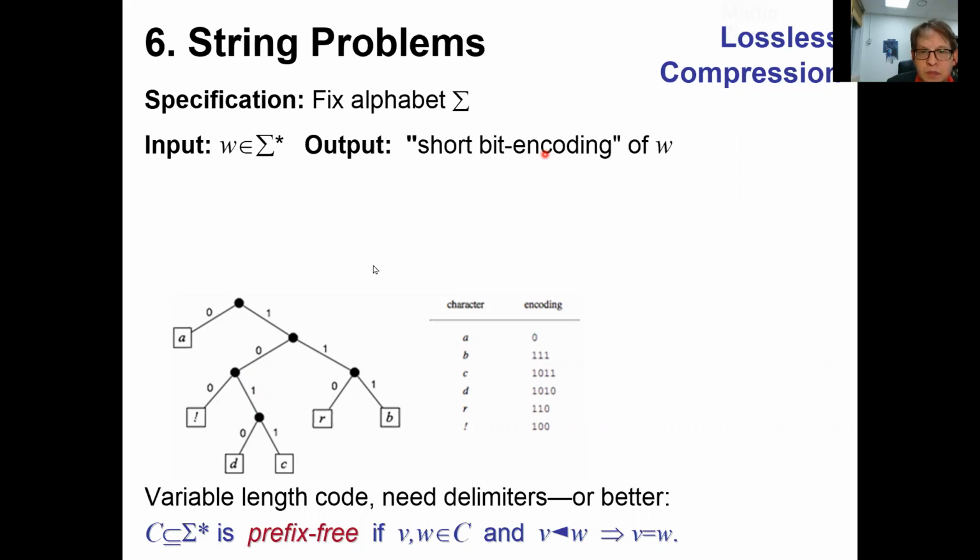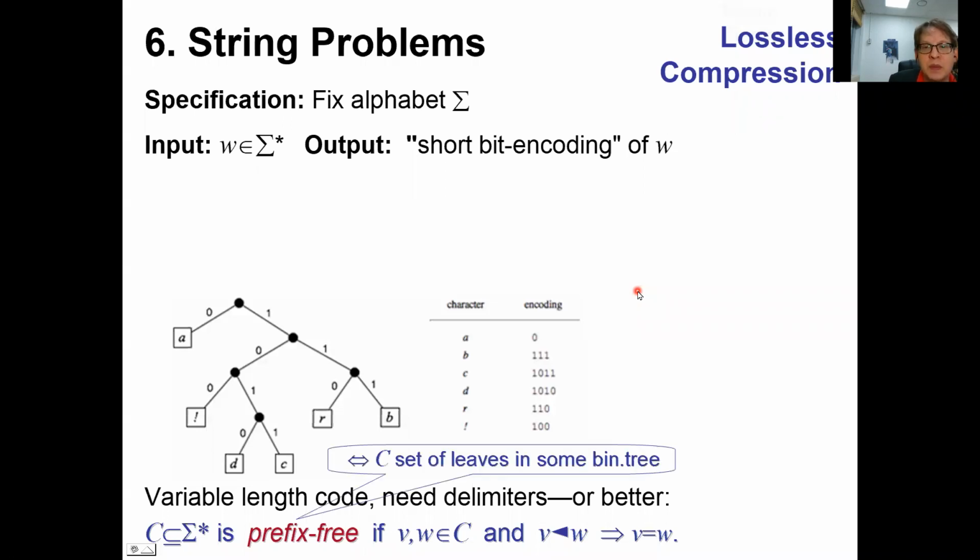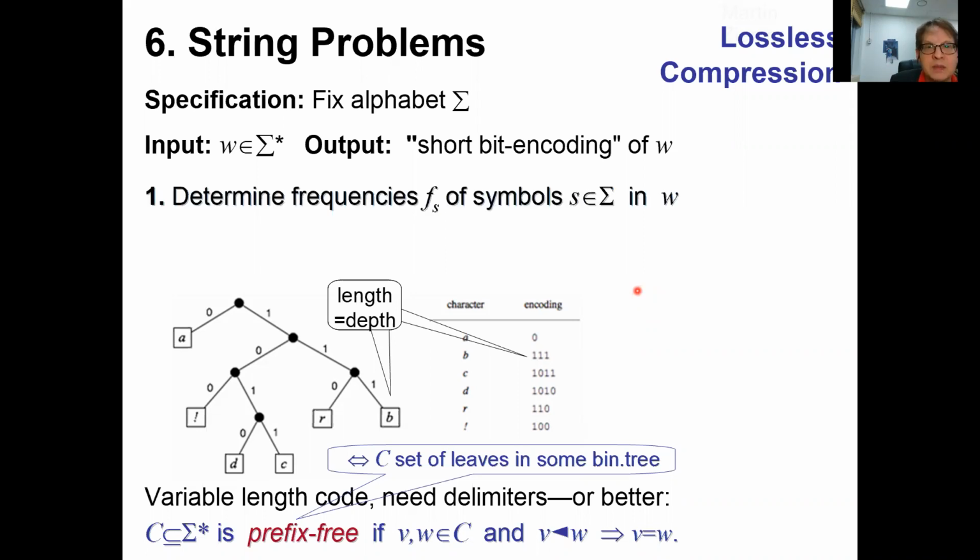So this kind of correspondence is very helpful because now we can actually formalize the goal of lossless block or lossless string compression. Namely, the goal is to have the weighted length or the weighted depth, right? So the length of the code corresponds to the depth of the leaf in the tree.